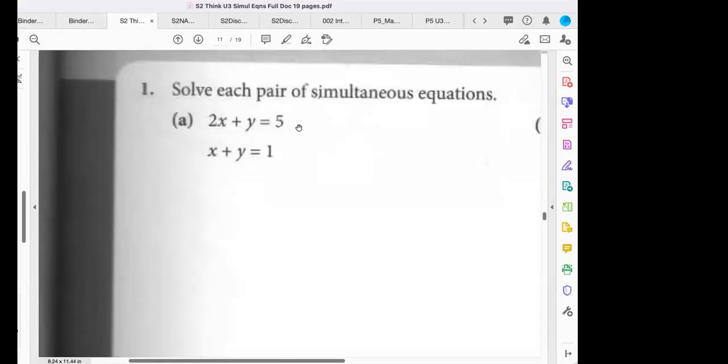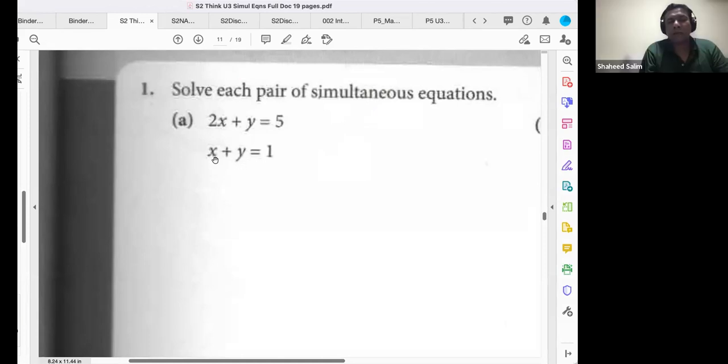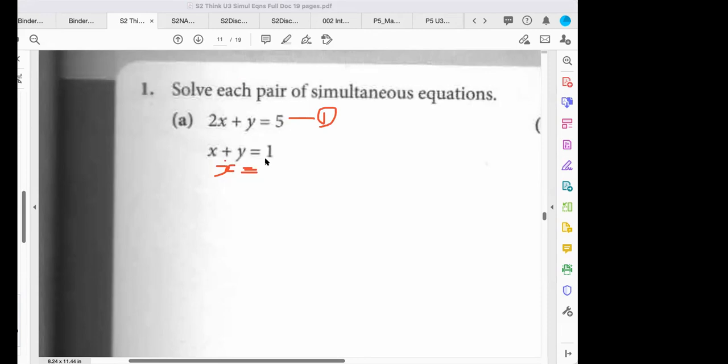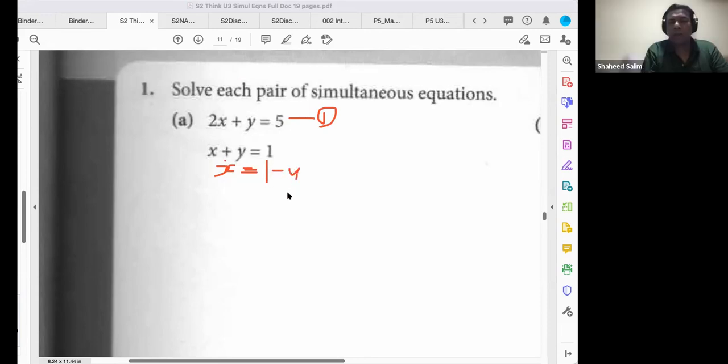What I'm going to do now, I want to put in the value of x, or y, either one. So let's say for my second equation, we call this equation 1. The second equation, I can also make it x equals 1 minus y, where I get minus y from this plus y.